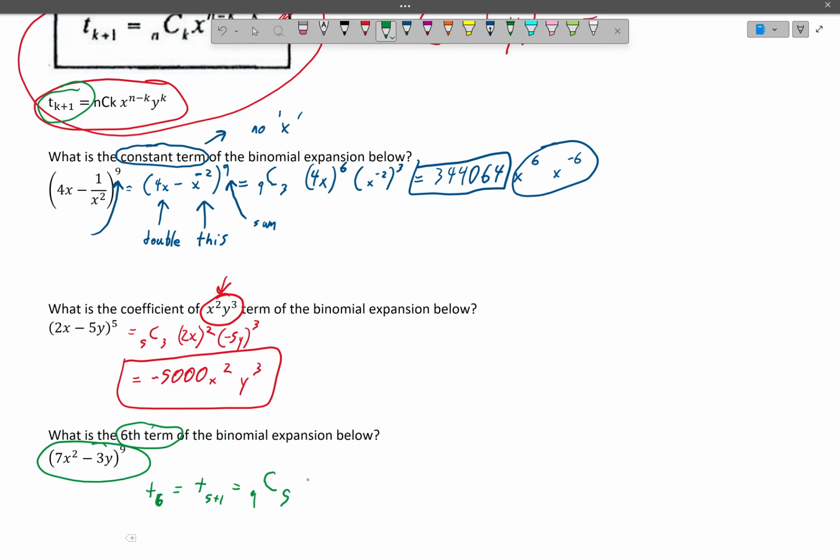Okay, and then for our x value, we can go 7x squared. And then to the exponent, what? Well, it's n minus k, so it's 9 minus 5, so it's 4. And then our y value, which is negative 3y. And then it's to the exponent k, which is 5.